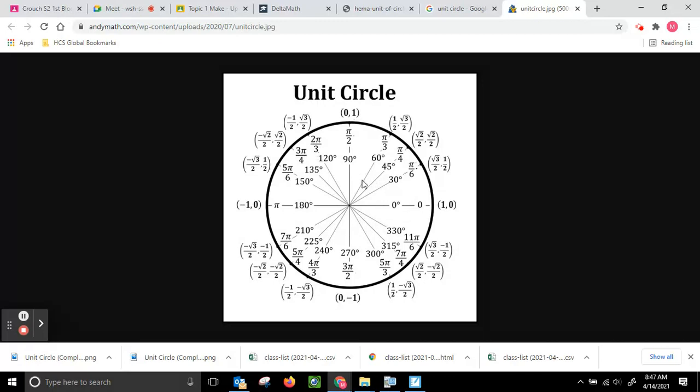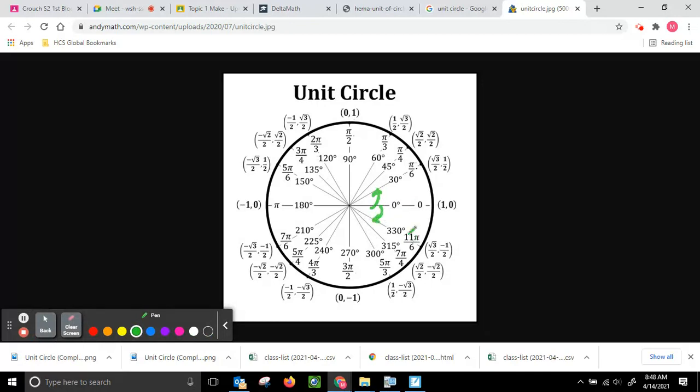But we have to be very careful, because we can't call 3π/2 3π/2. We have to call it -π/2. 5π/3 is -π/3. 7π/4 is -π/4. Remember, if this is positive π/6, then going the same distance in the negative direction is -π/6.